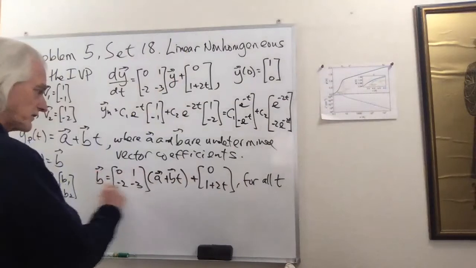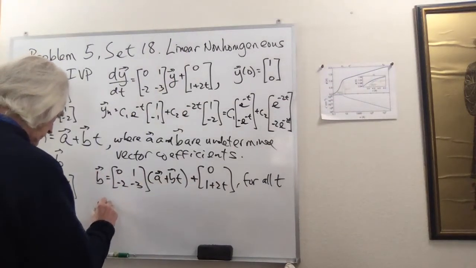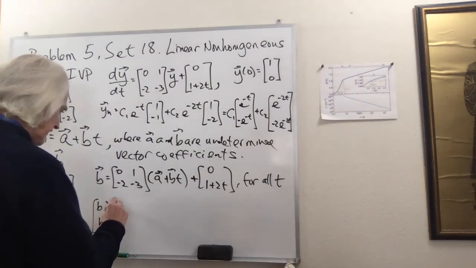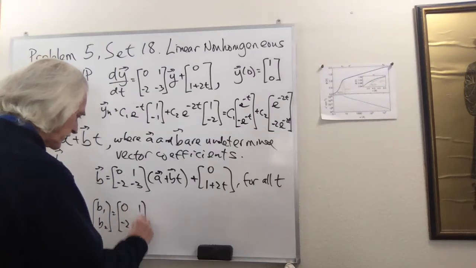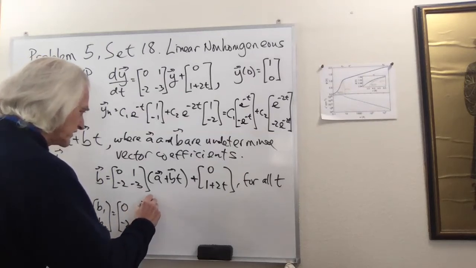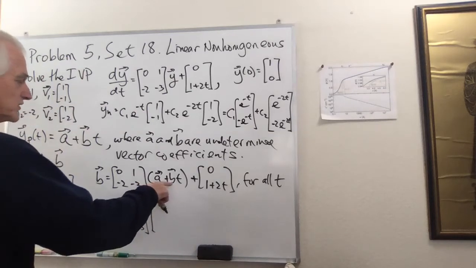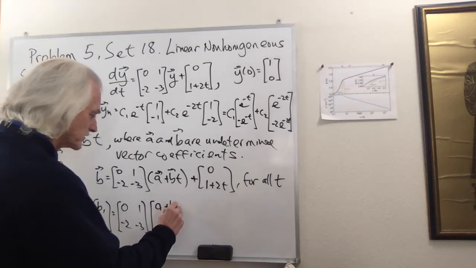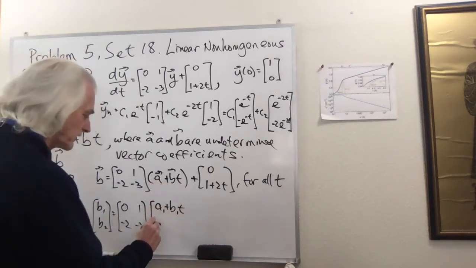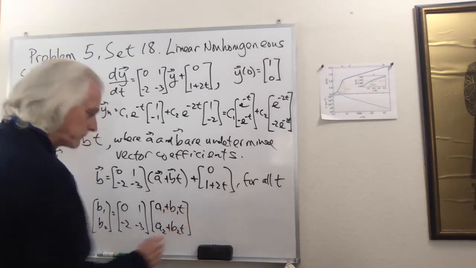So this vector becomes (B1, B2), and that is equal to the matrix (0, 1; -2, -3) times the vector A plus BT. The first component is A1 plus B1T. The second component is A2 plus B2T.